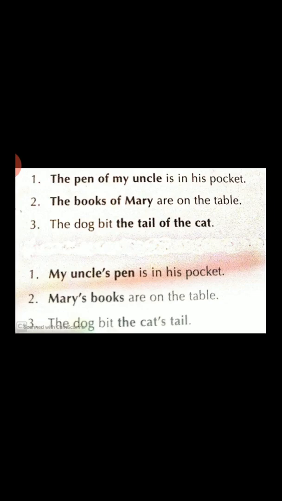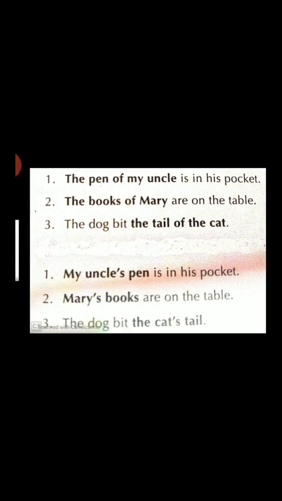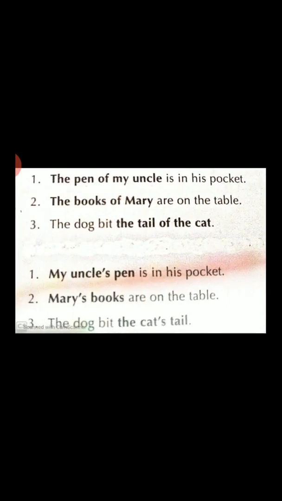Next, the three mentioned below. My uncle's pen is in his pocket. Mary's books are on the table. The dog bit the cat's tail. Children, aren't these three sentences sounding better? Isn't it? The ones written at the top sound a bit awkward, but the ones written below are shorter also and they sound better also, isn't it?